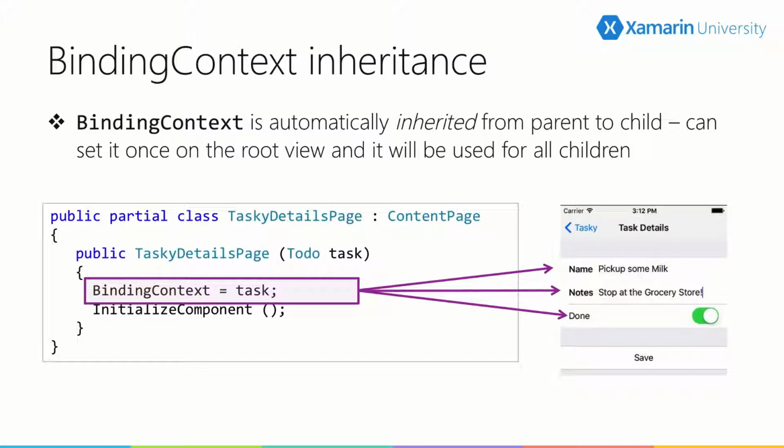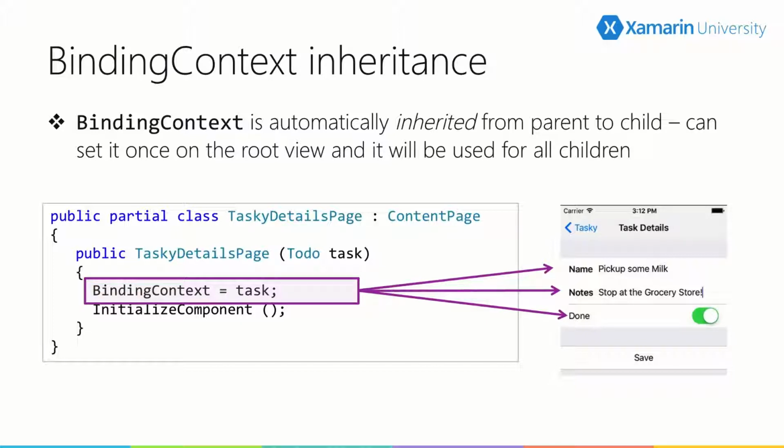This means that we can put the binding context onto our page. So here in this example, we just assign our source object, our to-do object, to the binding context property of the page. And that means if we now create bindings, we no longer have to provide the binding context, and we no longer have to provide the source either.